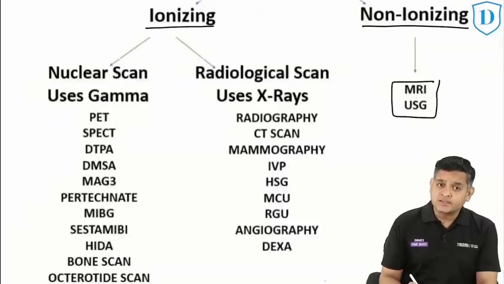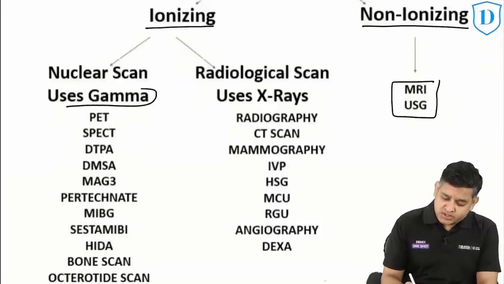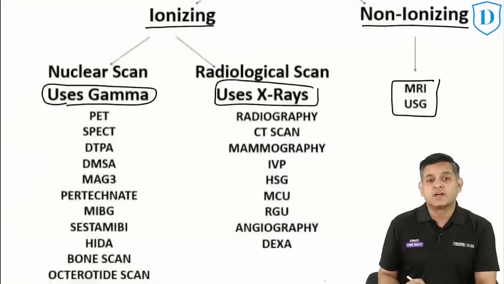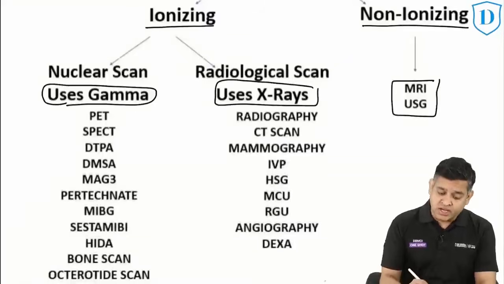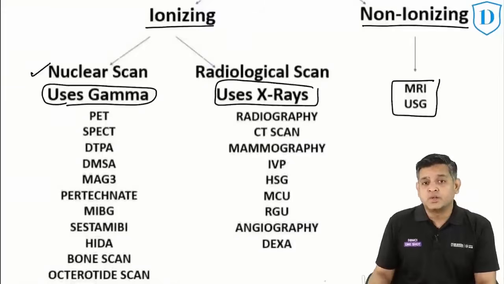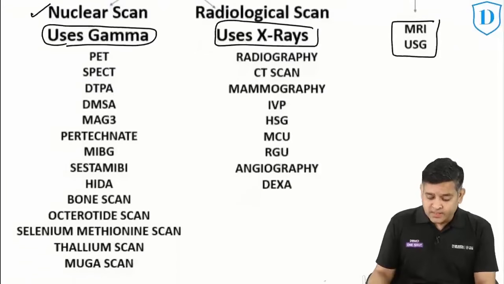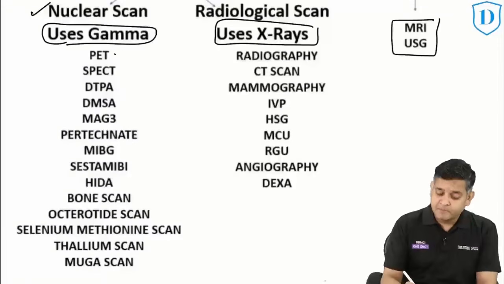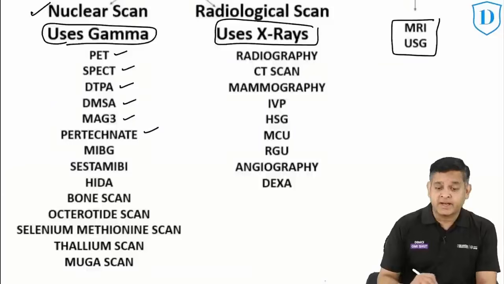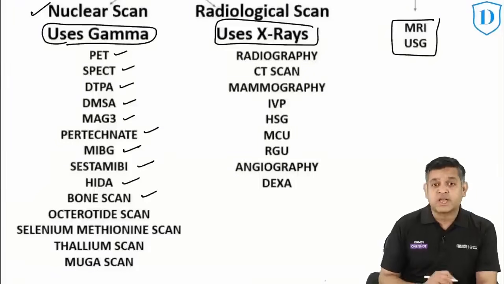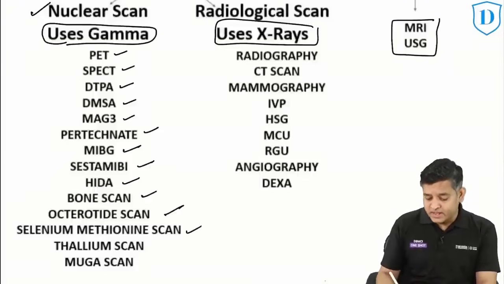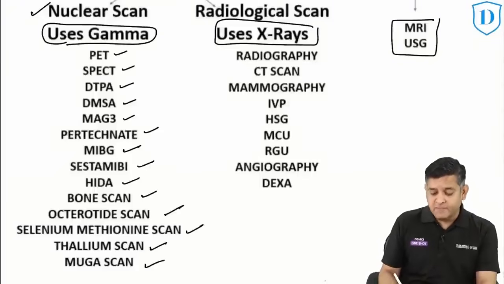In the ionizing, some investigations use gamma rays and some investigations use X-rays. Those investigations which use gamma rays are called nuclear scans. What are the common examples of nuclear scan? PET, SPECT, DTPA, DMSA, MAG3, Pertechnetate, MIBG, Sestamibi, HIDA, bone scan, octreotide scan, selenium methionine scan, thallium scan, and MUGA scan.